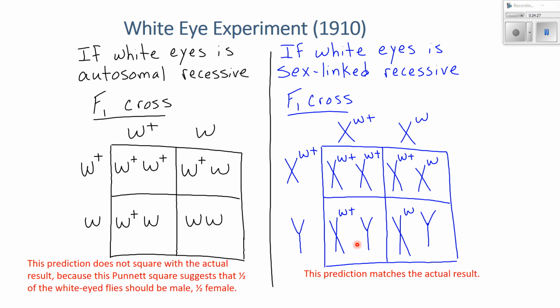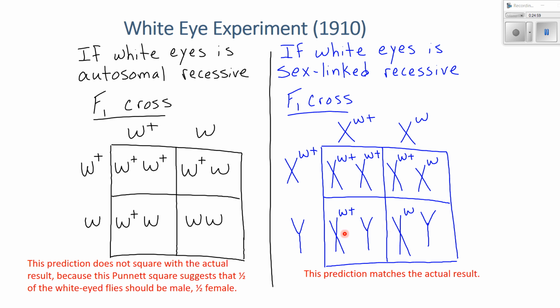So 3/4 of the baby flies should have red eyes. That's consistent with what Morgan got. 1/4 of the baby flies should have white eyes. That is also consistent with what Morgan got. But this predicts that all of the white-eyed flies will be male because they'll have a Y chromosome. See?